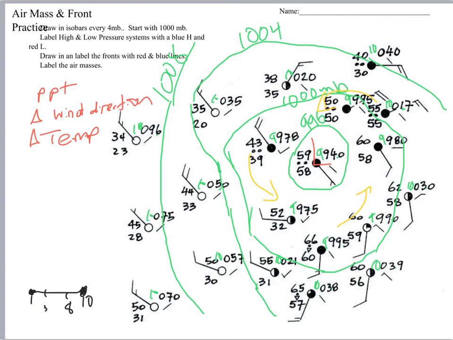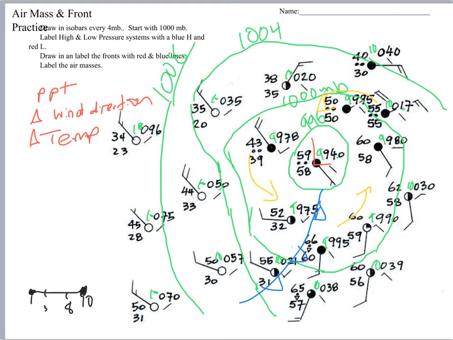So if I'm taking a look again at these two stations, and if I were to temporarily draw my front line here, and it moves this direction, what's going to happen to this surface temperature? Is it going to get warmer or colder as this air moves this direction? Well, this is colder, so that means my air is going to get colder. That's going to represent a cold front.